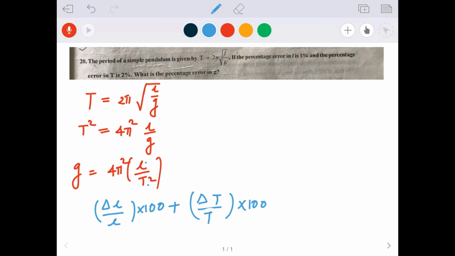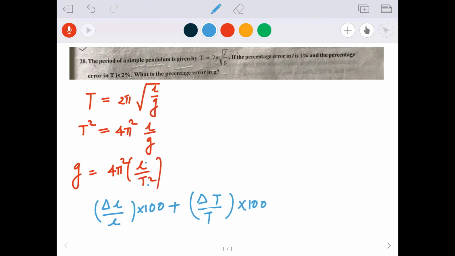Why have I taken addition here? Because even if the equation is L by T square, we have to take addition while doing multiplication and division. So delta L by L into 100 plus delta T by T into 100.